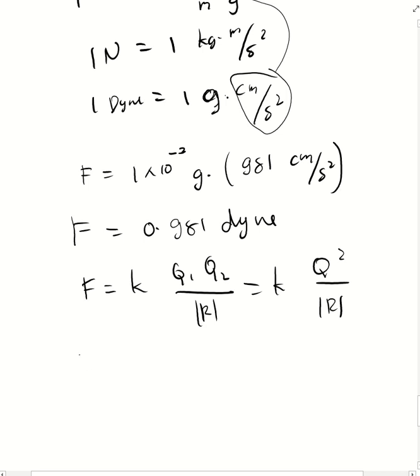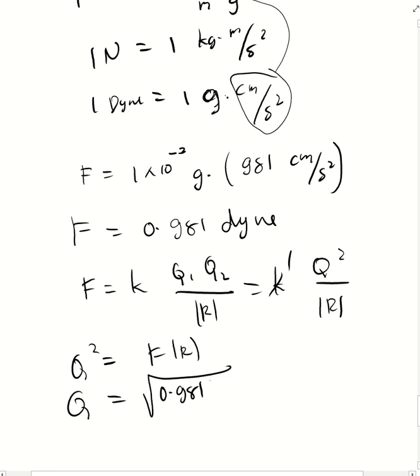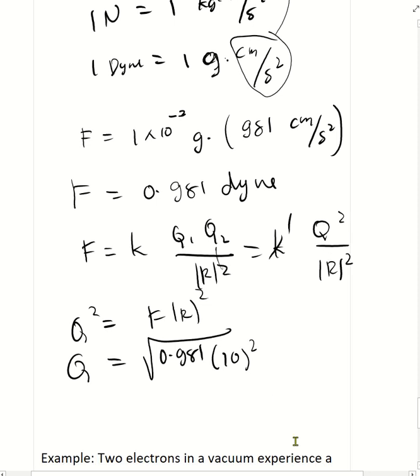So if you solve for Q squared, this is equal to F times the distance squared. And you square root that, Q will be equal to the square root of the force, which is already solved, 0.981, and you multiply it with the distance squared, 10 centimeters, so multiply it with 10 squared.